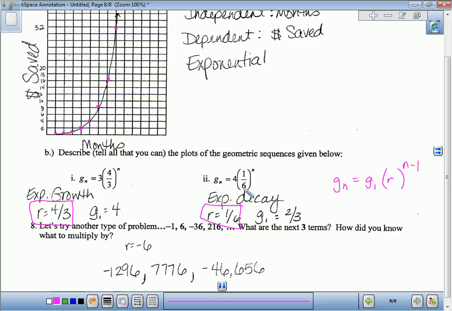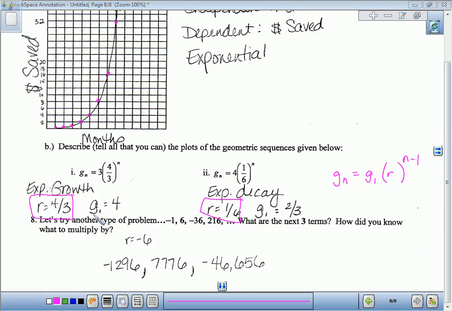This looks more like exponential growth and decay. And because it was in terms of a word problem up here, we actually could call it growth and decay. If it wasn't in terms of a word problem, this one's just increasing, this one's decreasing. Okay, so do you guys see we're multiplying by -6 on this one?